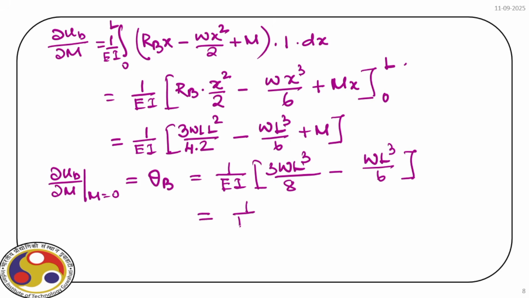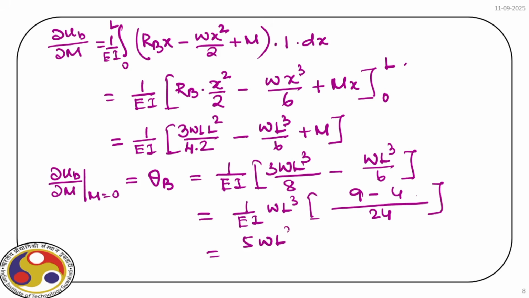So we have 1 by EI and then omega L cube. So effectively we have 5 omega L cube divided by 24 EI.